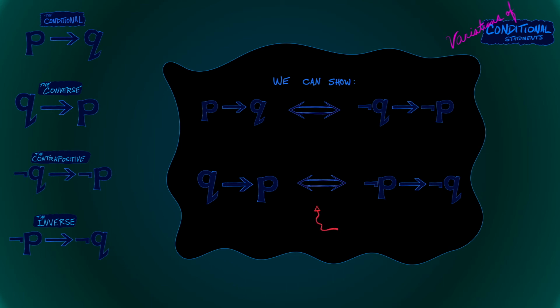And that little symbol right there, the double-lined double arrow, is equivalent, logically equivalent.